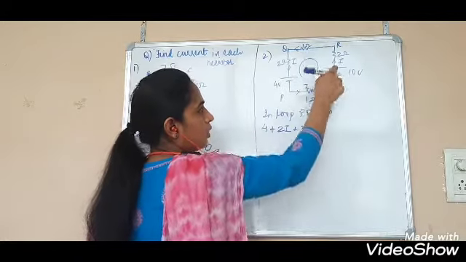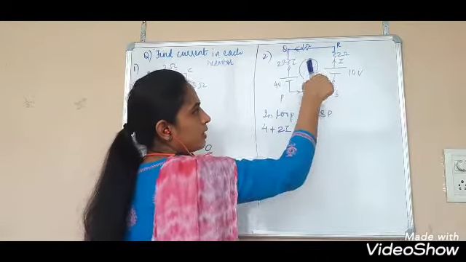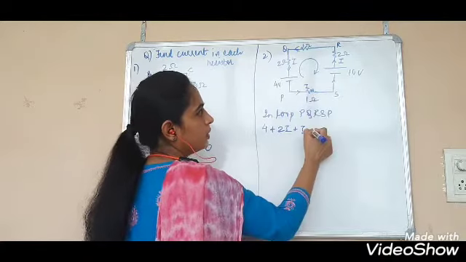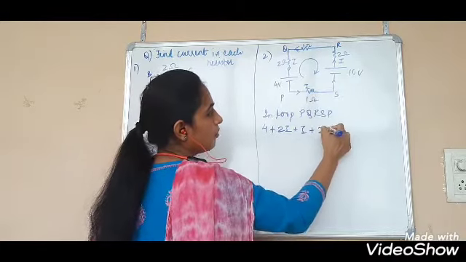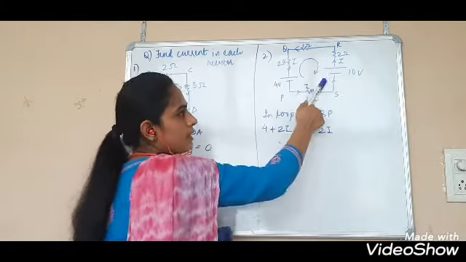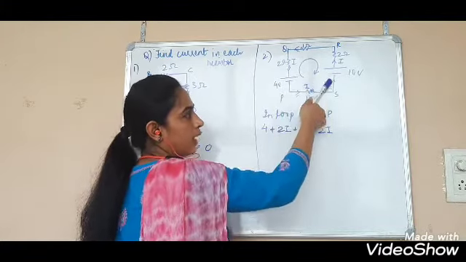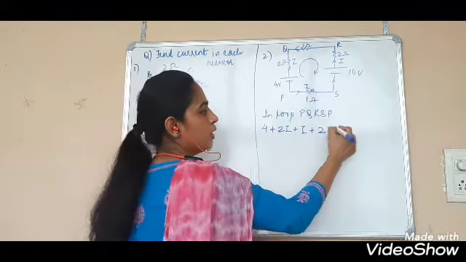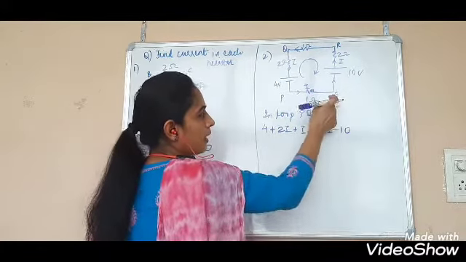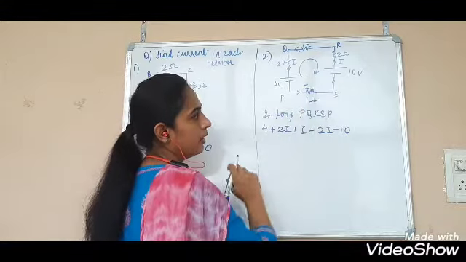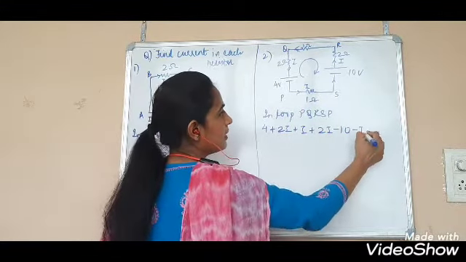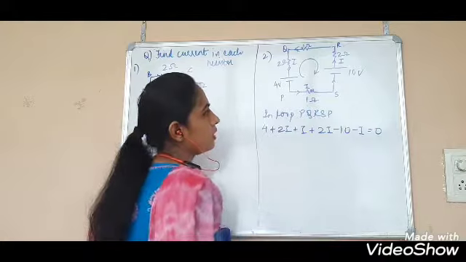Then in the 2 ohm resistor, path and current are in opposite directions, so positive plus 2I. Then in this cell we are going from higher to lower according to the path, so that's a potential drop, minus 10. Here path and current are in opposite directions, so minus I is equal to 0.